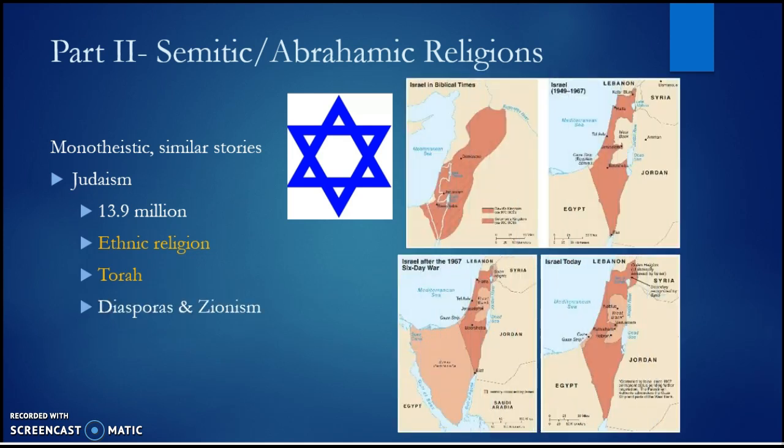When we talk about the Jewish community, we need to recognize the impact of diasporas over time. Dating back to 586, 587 BCE, we saw the first large diaspora, the involuntary movement of Jews out of modern-day Israel, when the Babylonians conquered Jerusalem and tore down Solomon's temple.